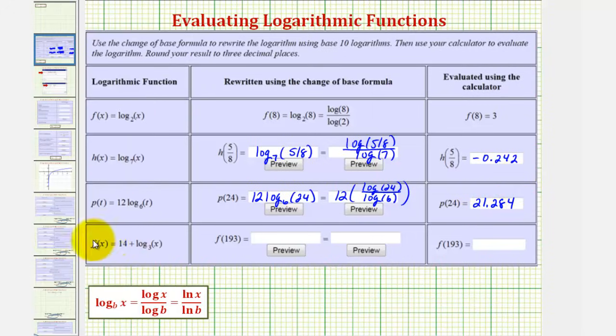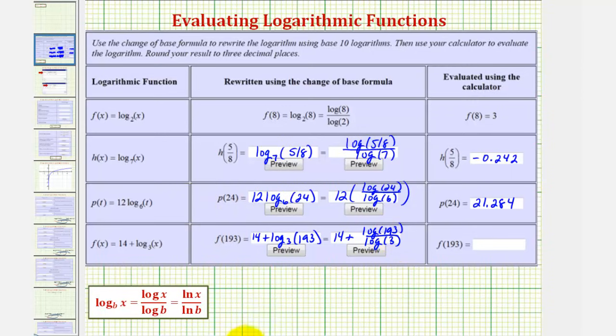And for the last example, we have f of x equals 14 plus log base 3 of x. So for f of 193, we'd have 14 plus log base 3 of 193. Now applying the change of base formula, this would be equal to 14 plus common log 193 divided by common log of 3.